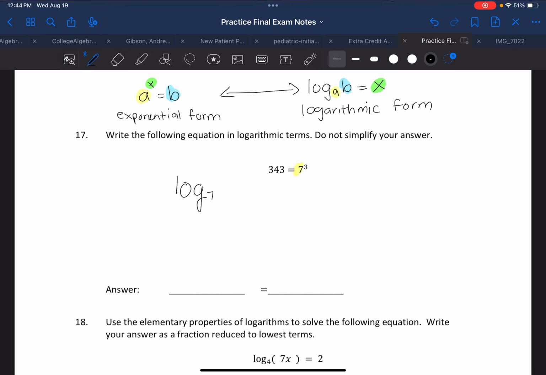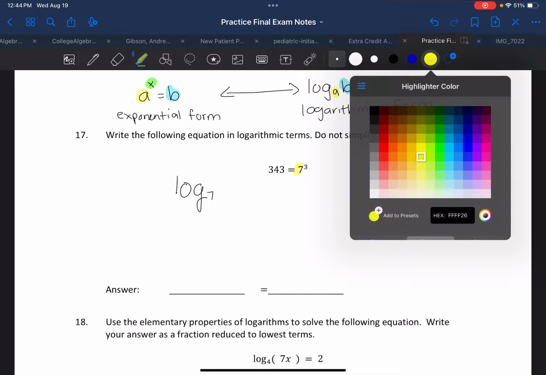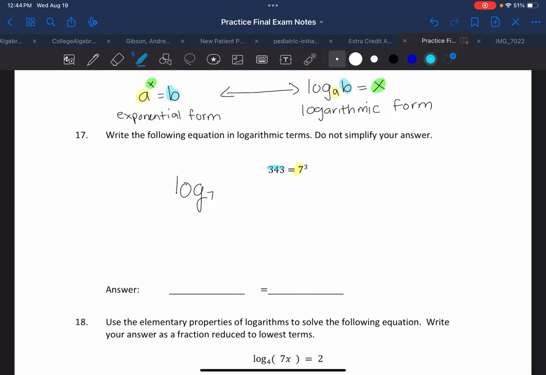And then whatever it's equal to, which is 343, that's my b in this form up here, because that's what it's equal to. That's going to go inside of the log expression. And then this will be equal to the exponent, which is 3.